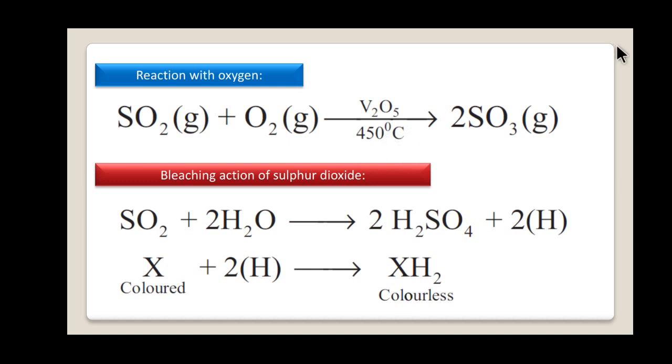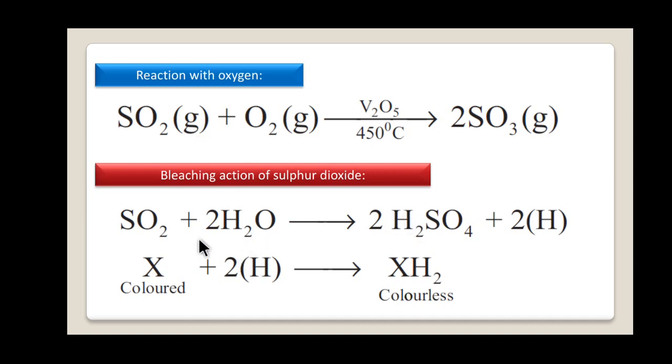Is it clear? This is how we prepare sulfur trioxide. SO2 reacts with O2 to give SO3. The catalyst is vanadium pentoxide, and we heat the mixture at 400 to 450 degrees Celsius.